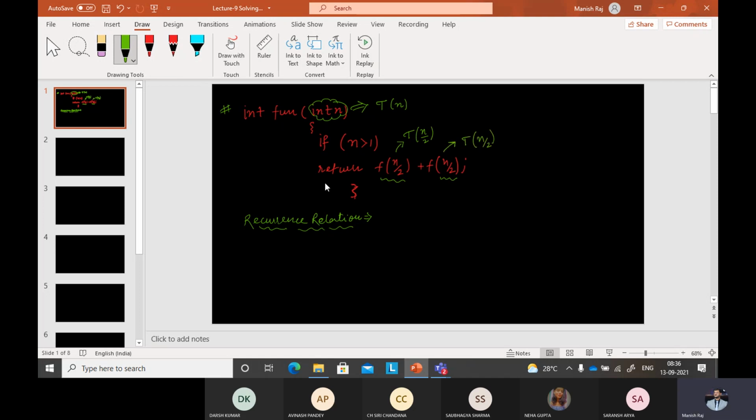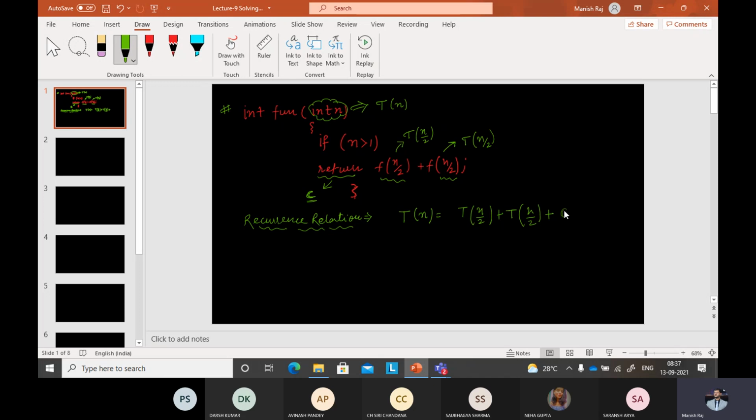And the return will take some constant time. So if I calculate the total time, then T(n) is equal to 2 times T(n/2) plus some constant time for the return and other things.